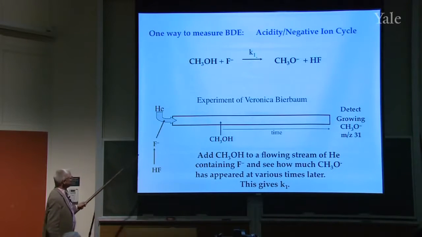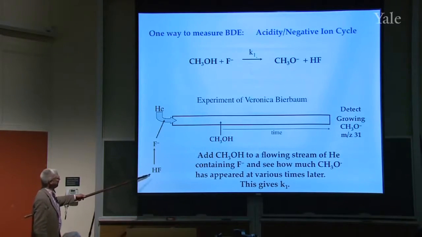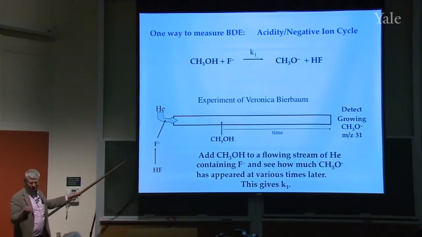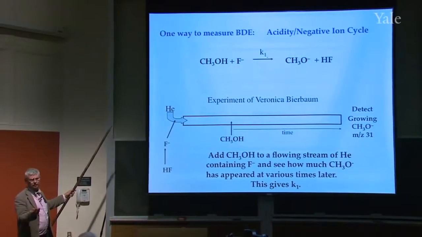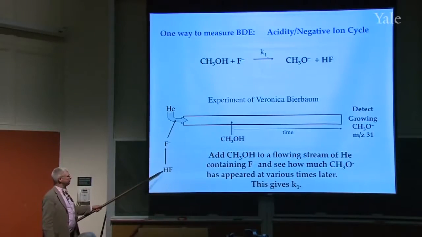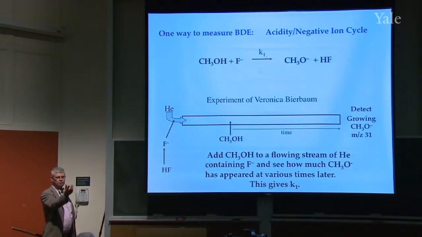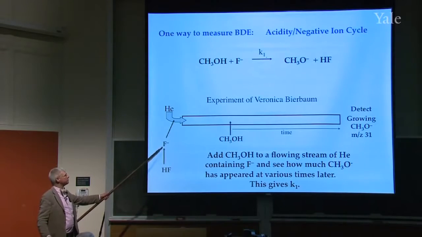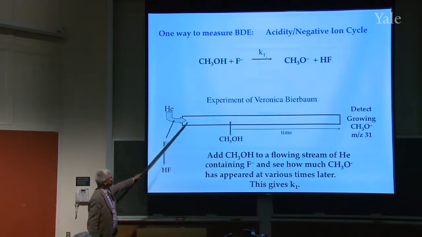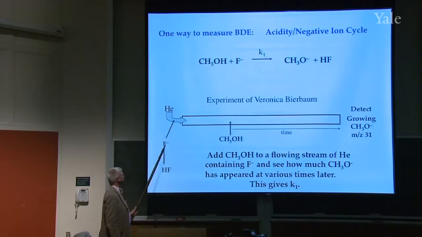So you take a gas and make a plasma. You boil electrons off a filament, and as the electrons interact with the HF, the electrons get captured into a sigma star orbital, and the molecule detonates and gives you F- and hydrogen atoms. So the fluoride ions are injected into this flow tube.